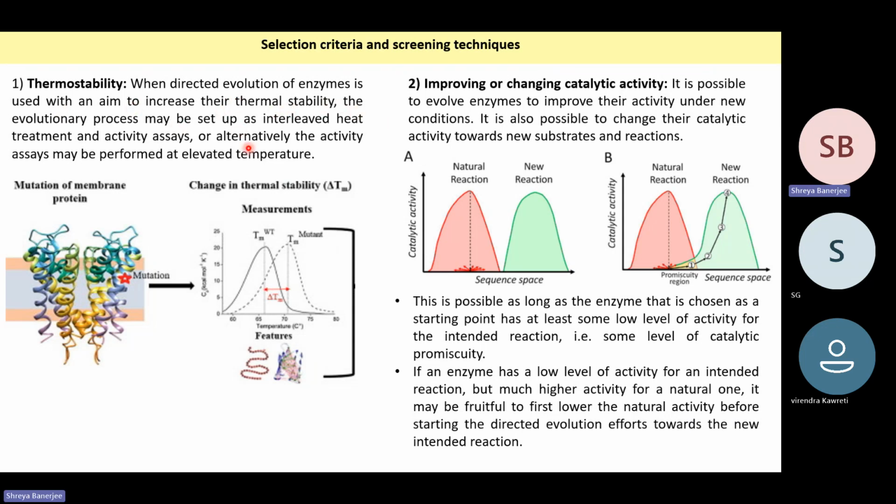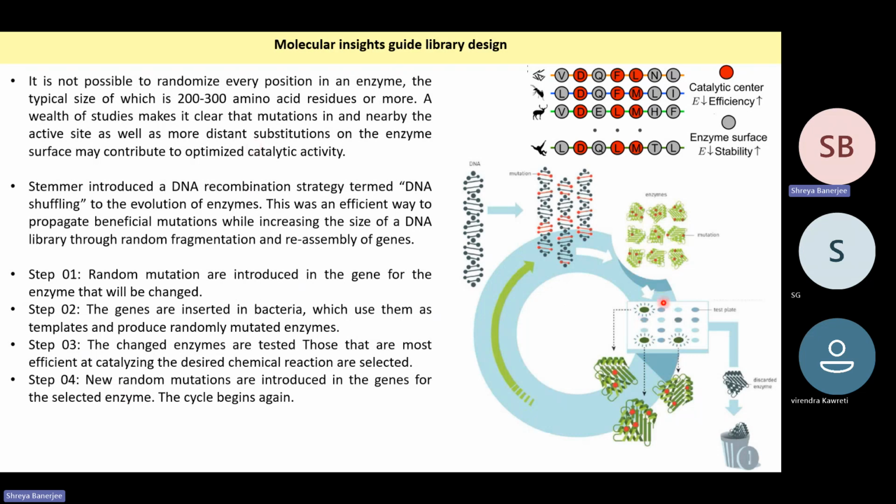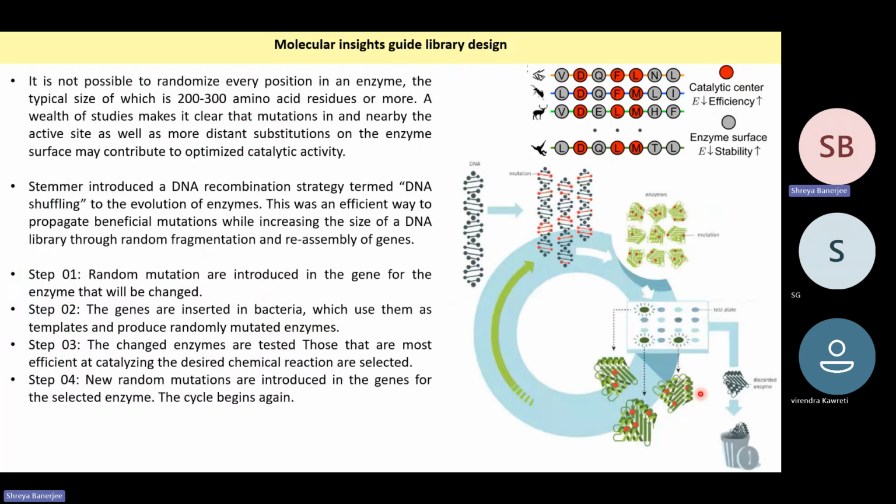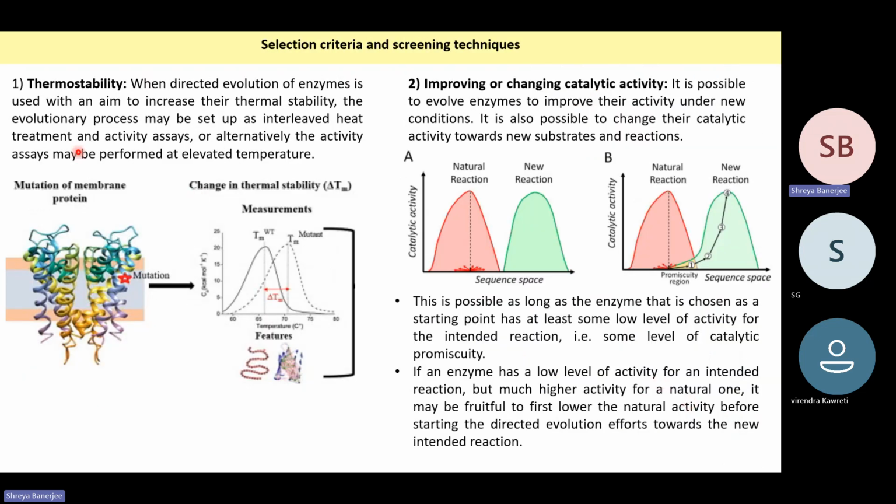Here, the assay used to find out which enzymes are good is a heat treatment and activity assay. That is, you treat each of these enzymes with heat and find out if they retain activity or get denatured. That will help in isolating more and more thermally stable enzymes.